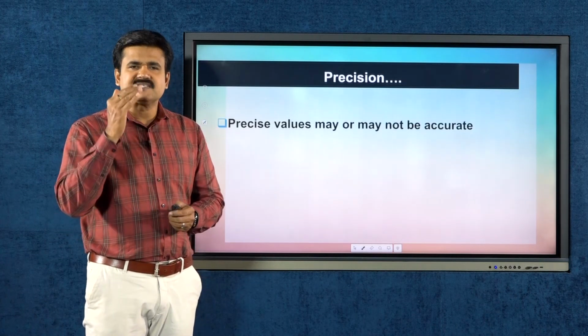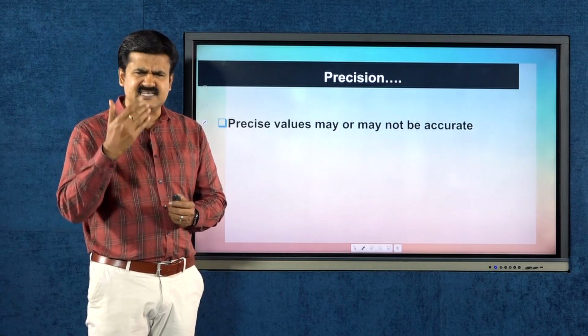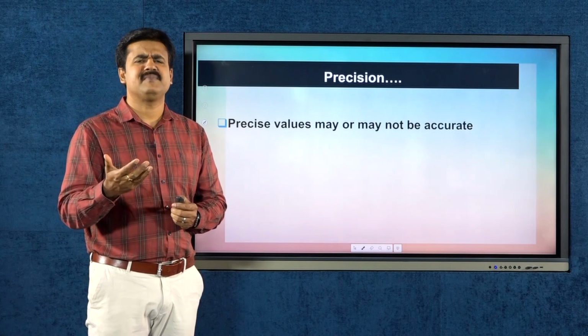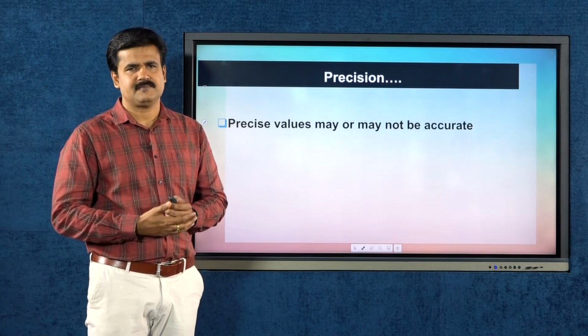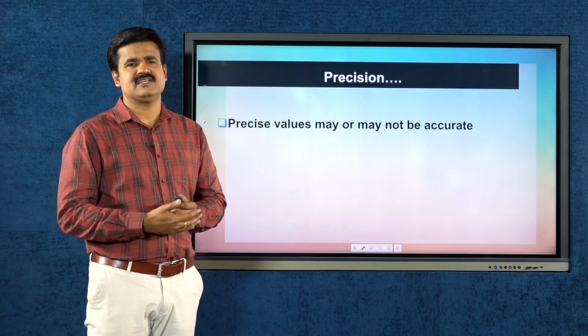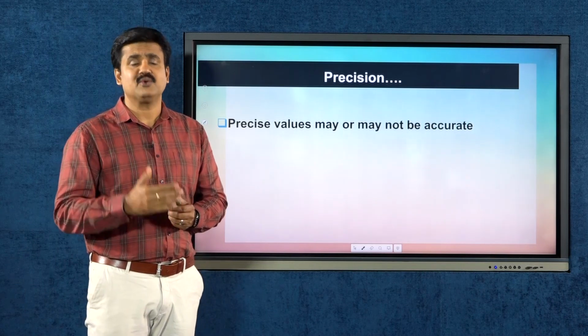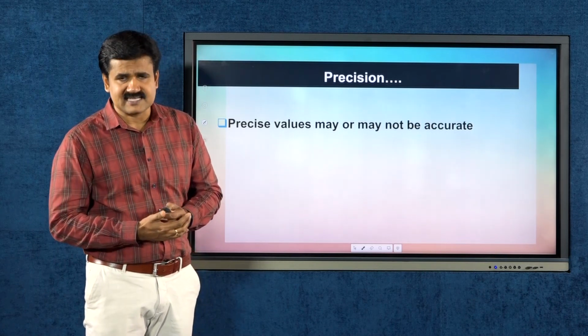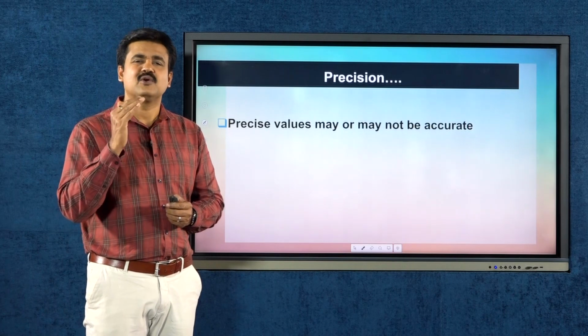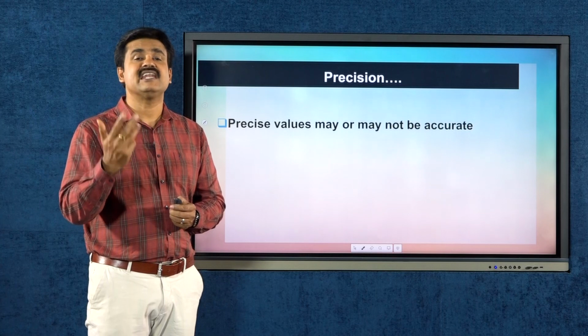Now, precise values may or may not be accurate. That is, precision doesn't imply accuracy. Suppose, as in the previous example, I measured acceleration due to gravity thrice. The true value I know is 9.8 meter per second squared, and then I got three values as 9.6, 9.61 and again 9.6.